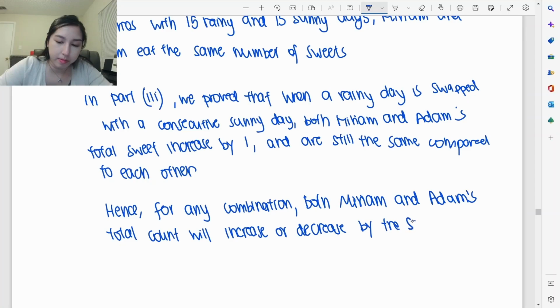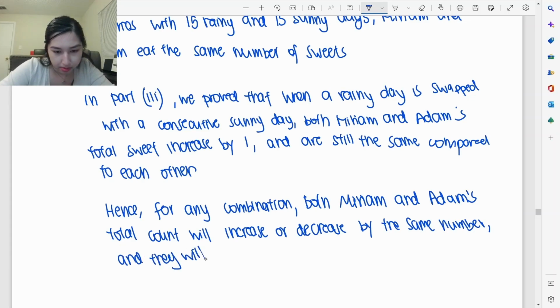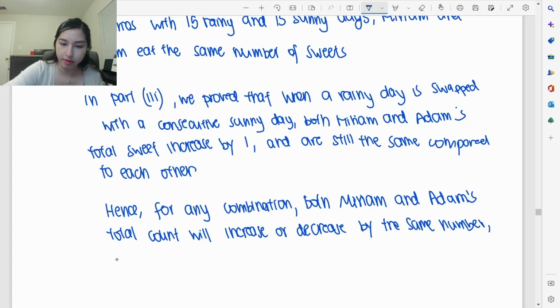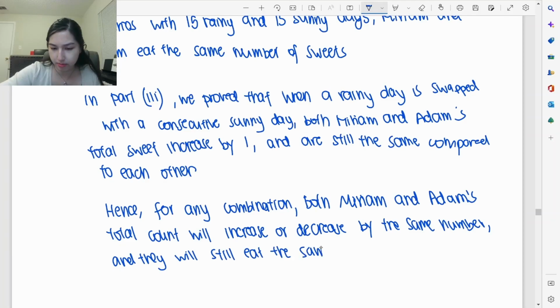By the same number, and they will still eat the same number of sweets. Sweets, and that's it. I think that's all we have to write. And they'll still eat the same number of sweets.